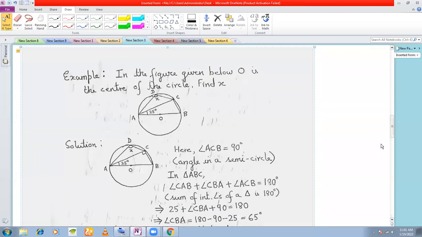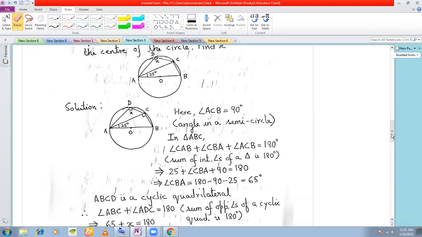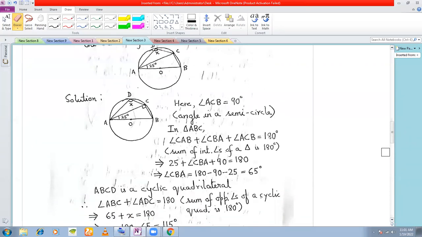In this figure, O is the center of the circle. Find X. You need to find this unknown angle X. I have drawn this figure once again so that you know that while doing this in your examination, if any figure is given, you redraw that figure and then you write.